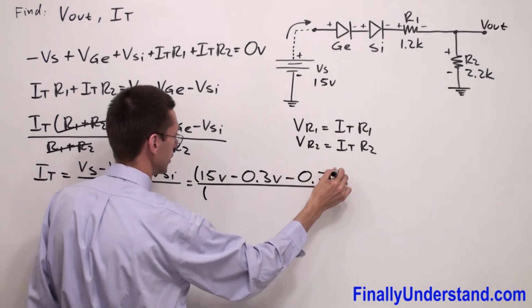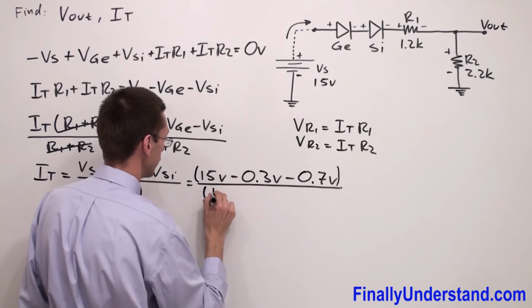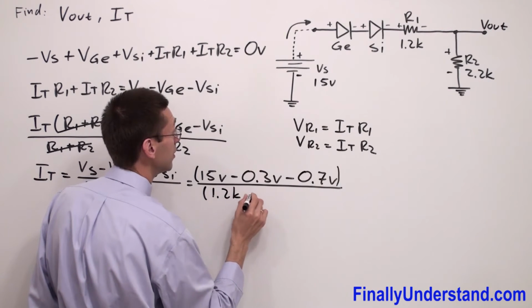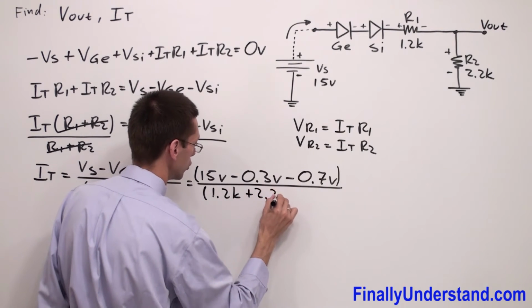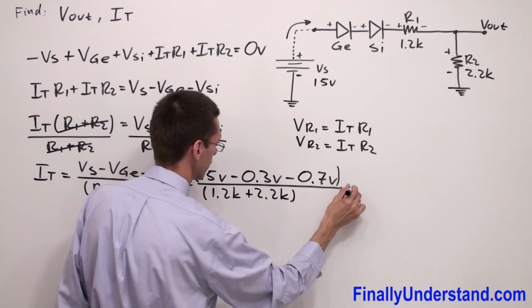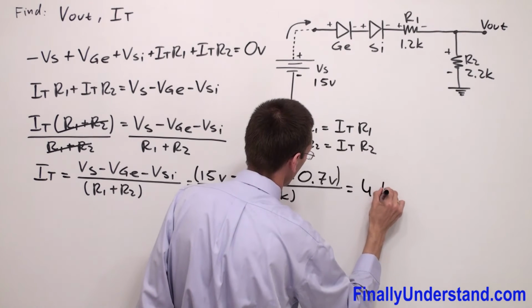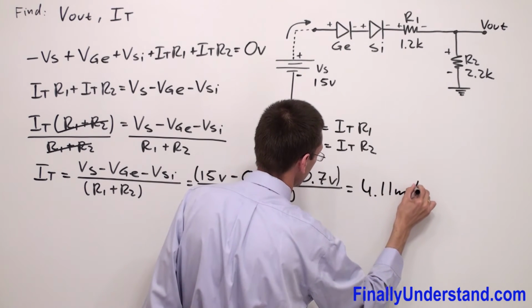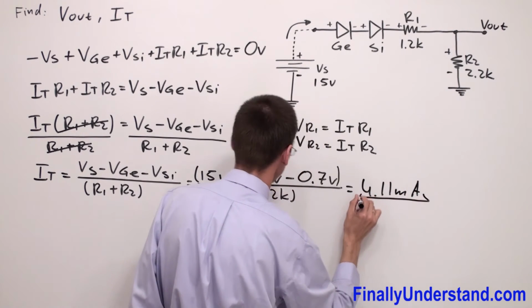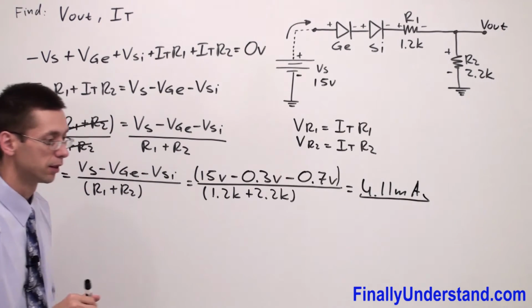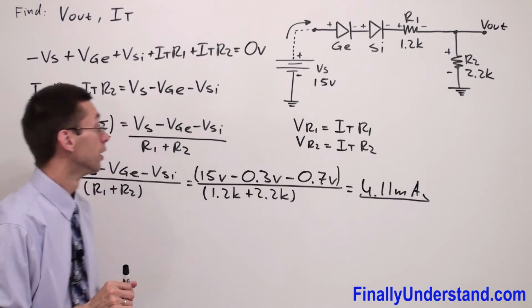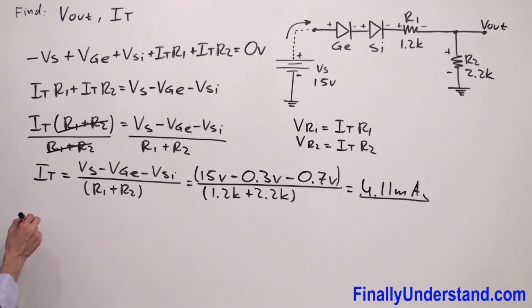Okay, don't forget about the parentheses. We have 1.2 kilo plus 2.2 kilo. Everything is equal to 4.11 milliamps. So this is the total current in my circuit. Let me repeat myself one more time.